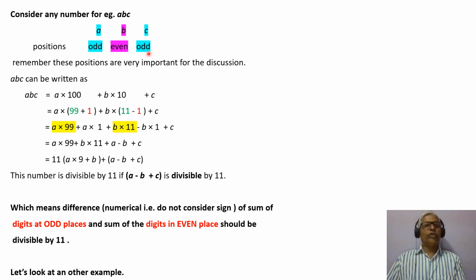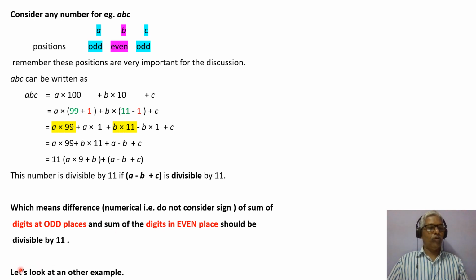Then you have to check the numerical value, don't consider sign. Okay, got it? So this is divisibility by 11. Okay, let us look at another example, 4 digit, and you will get a clear idea about this. Okay, so we move ahead.